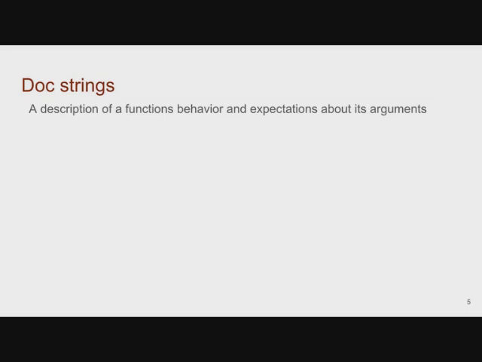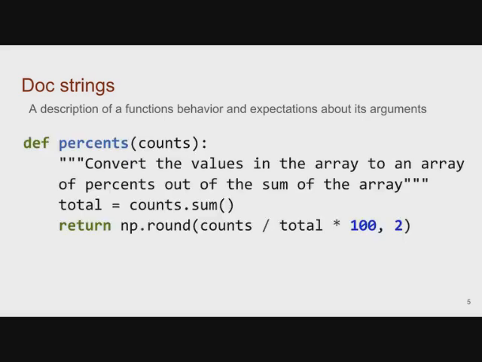These docstrings are basically a description of how you expect that function to work. Some of these docstrings can be very detailed, listing examples and detailing all of the inputs and all of the outputs. But we can also write one ourselves.